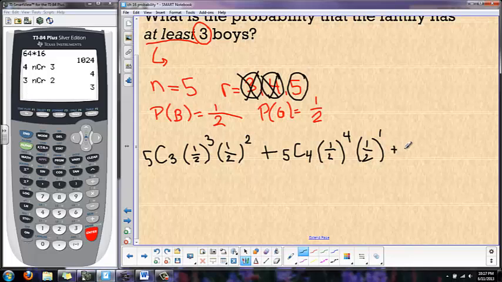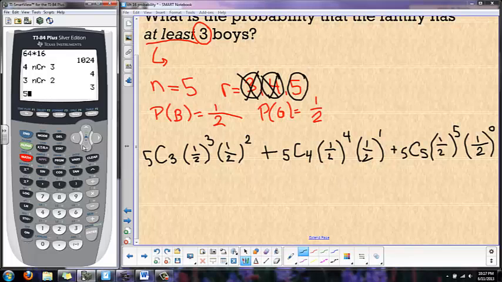Last equation. 5 choose 5. Probability that I'm successful, or that I have a boy, and I'm looking at r equal to 5, so I'm going to have 5 boys in this case, and the probability that it's a girl, and if we only have 5 kids and we have 5 boys, that means there's 0 girls. And then we can go through and simplify each of these equations step by step.